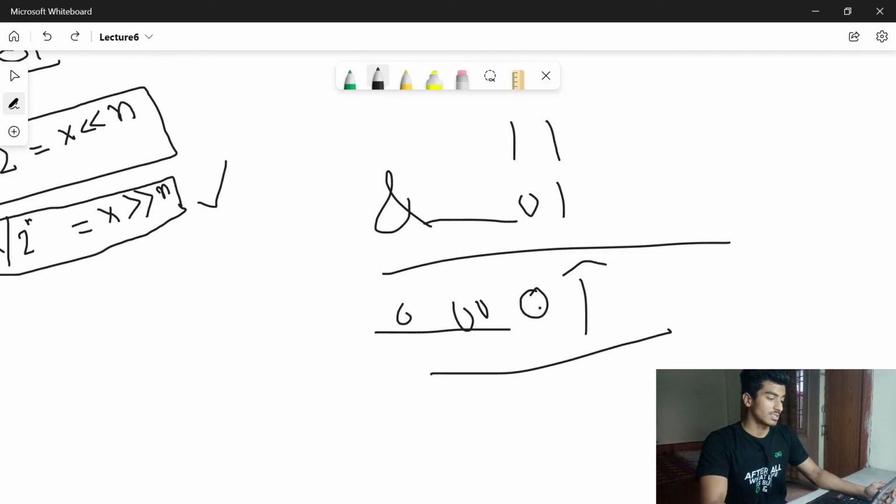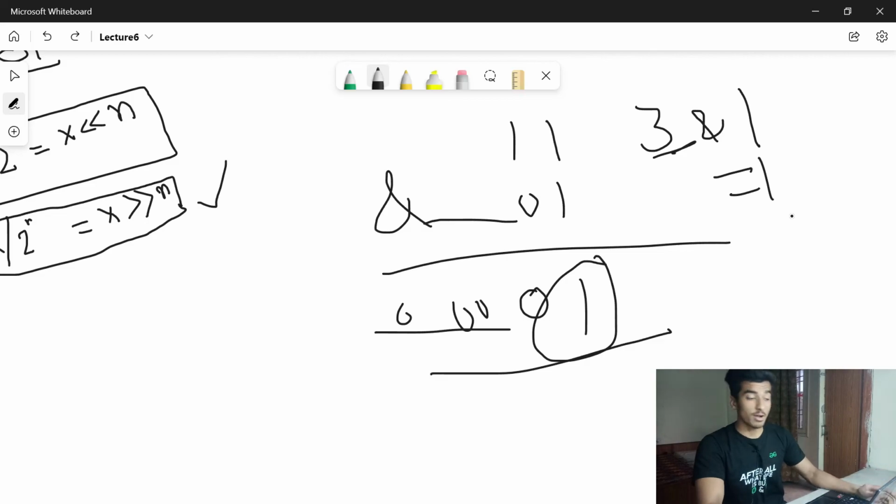As you can see, the answer is 1. Our number was 2 plus 1, that is 3. So we are writing here 3 & 1. 3 is our input number, and 3 & 1 will return me 1. So if my outcome is 1, that means my input number was odd. And if it is not 1, then it is 0, and the input number was even.